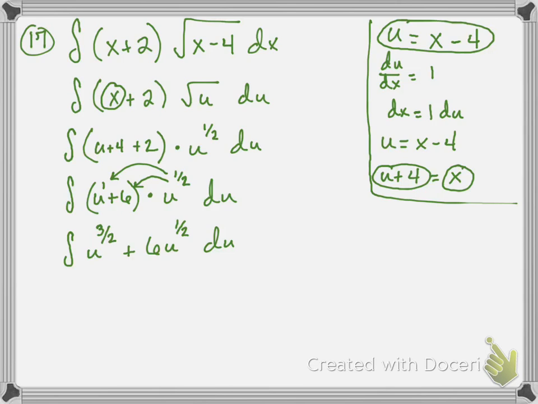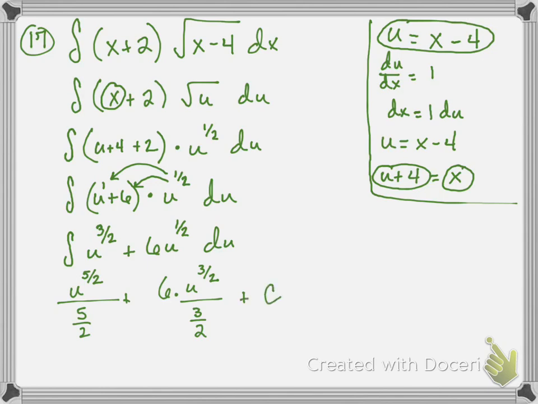We just use our anti-power rule. So you get u to the 5/2 all over 5/2 plus 6 times u to the 3/2 all over 3/2, plus c.